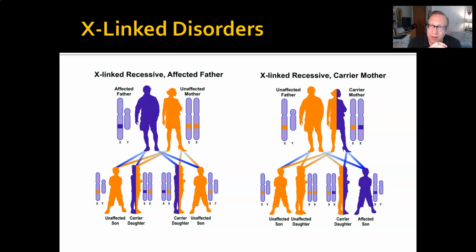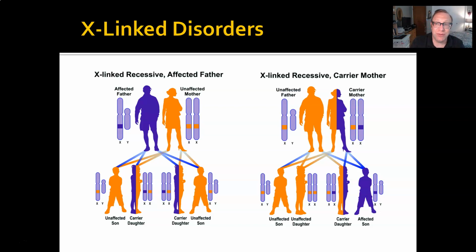And only the daughters, because men don't contribute their X chromosome to sons. The father is the only one who has the Y chromosome, so he has to contribute that. So it's only the daughters who will inherit that gene, but because they have a normal version of the gene as well, because they have two X chromosomes, they will only be carriers of this trait.